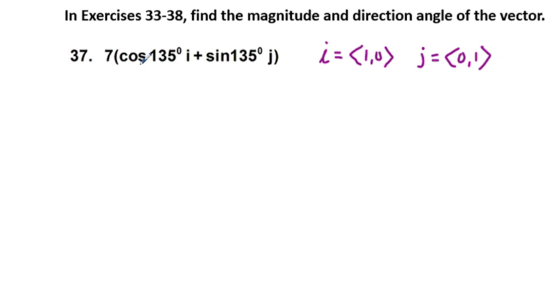And so what this is going to be equal to, 7 times cosine 135 degrees times the standard unit vector of i, which will be my 1. Okay? And then for j, we take sine 135 degrees times 1.